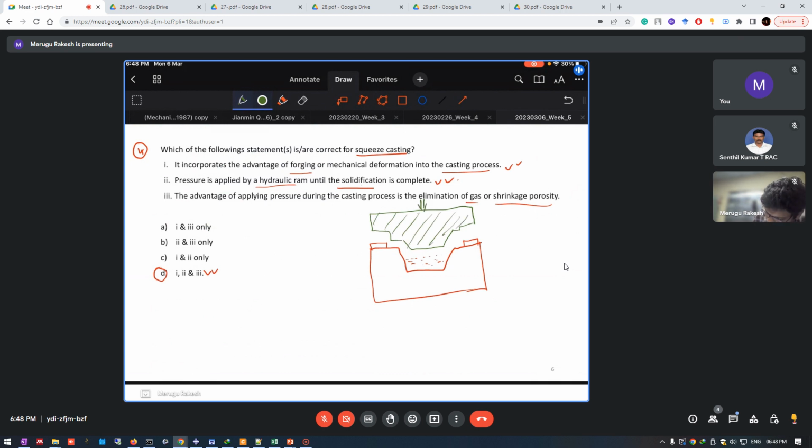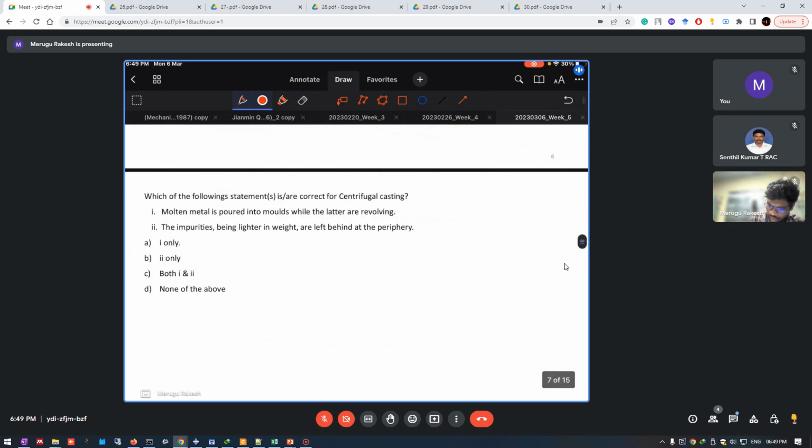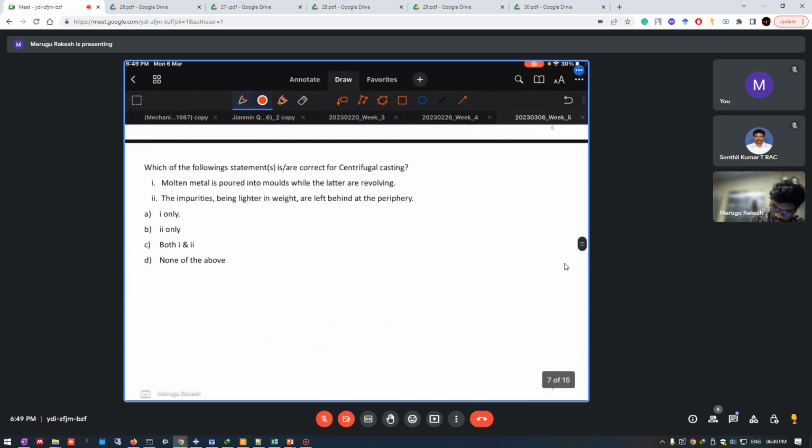So finally we got this type of casting. Okay. So let's see the other question. This is regarding centrifugal casting.